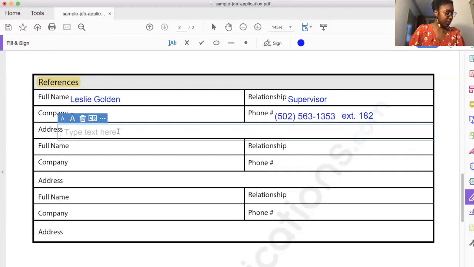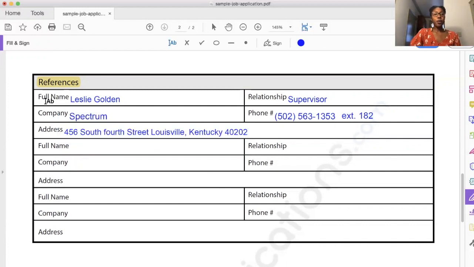And we know the address is 456 South 4th Street. So it asks for the full name of the reference, Leslie Golden, the relationship, supervisor, the company of Leslie Golden, Spectrum, phone number, extension, so that we can call Leslie.